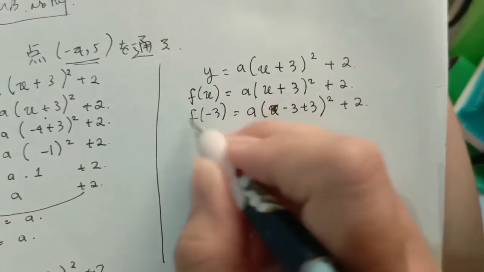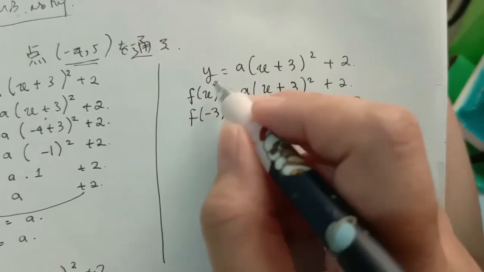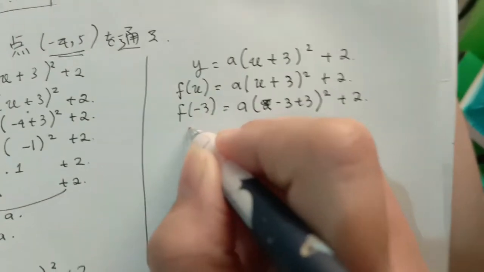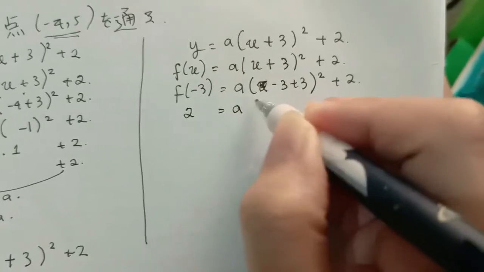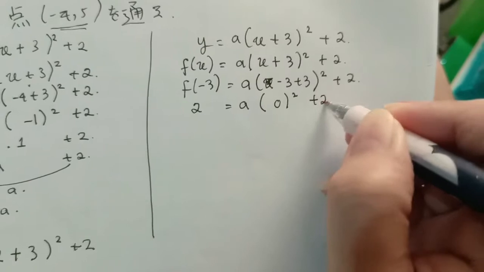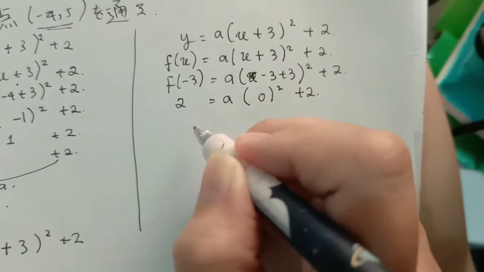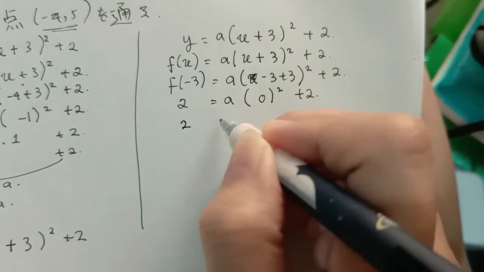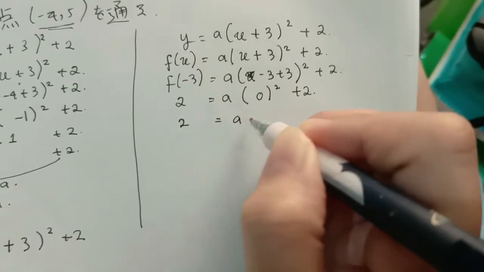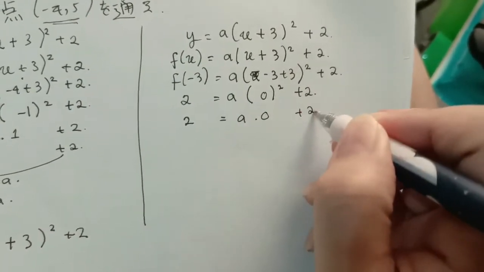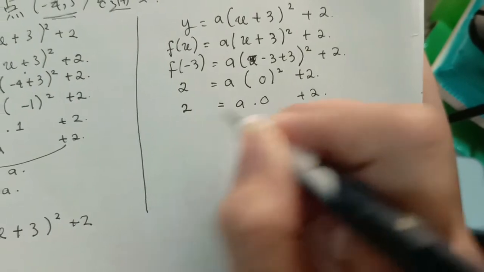The result is y over here. This is equal with y, right? The y is 2. So we write down 2 over here. 2 equal a in the bracket 0 squared plus 2. 2 equal a multiply 0 plus 2.